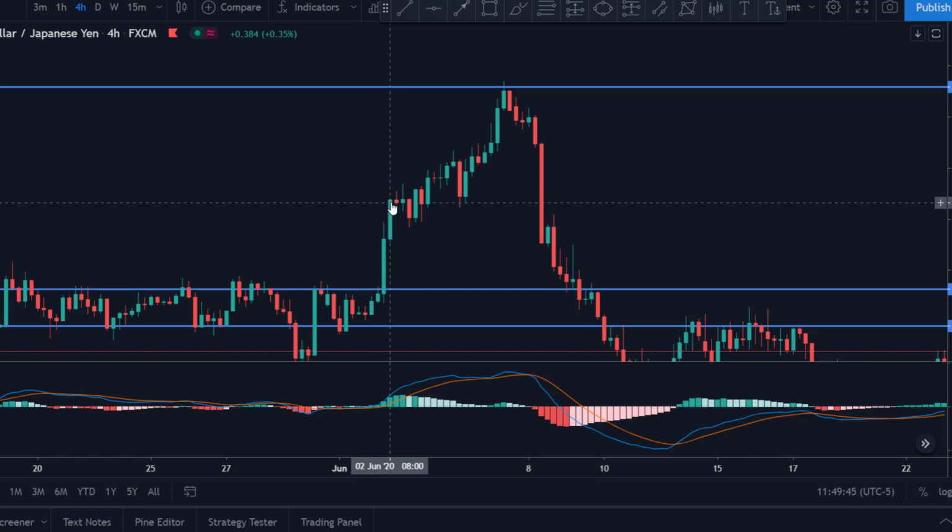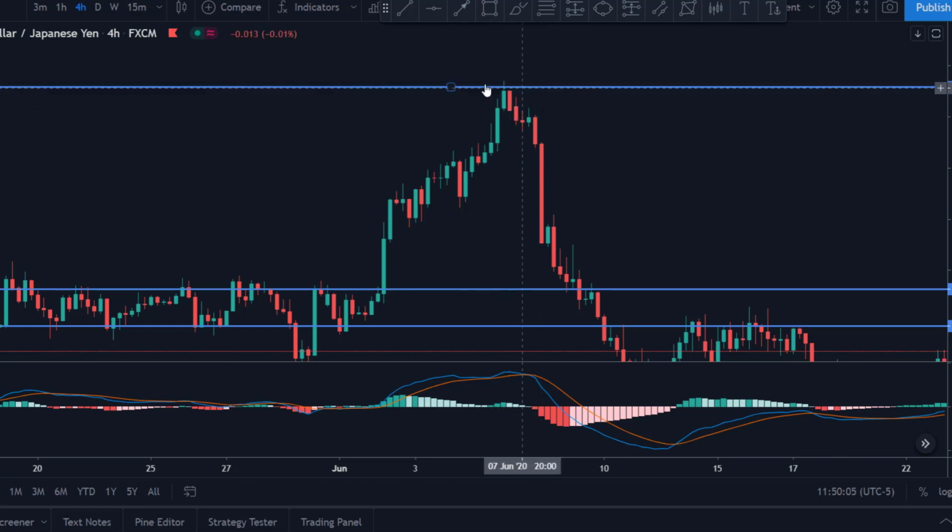So the price just goes up, up, up, and after that touches our support, our resistance. Almost this candle was closed below this resistance, and after that a bearish engulfing candle just appeared. So that was our first signal.